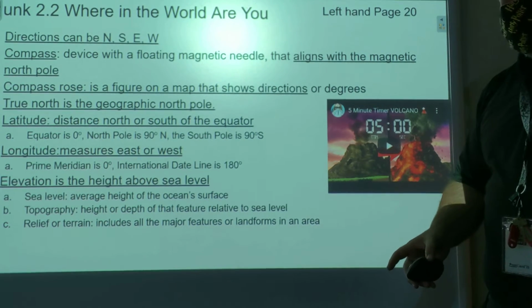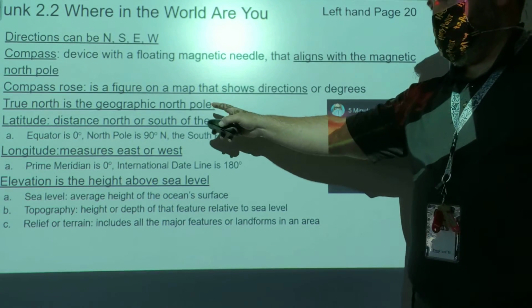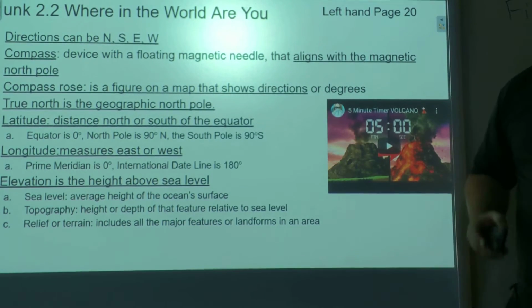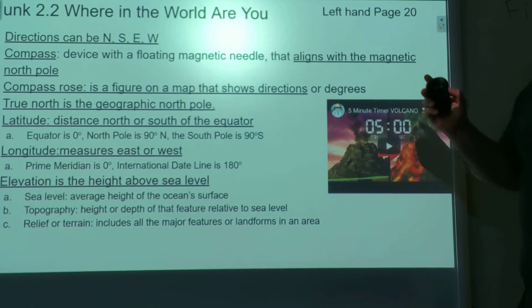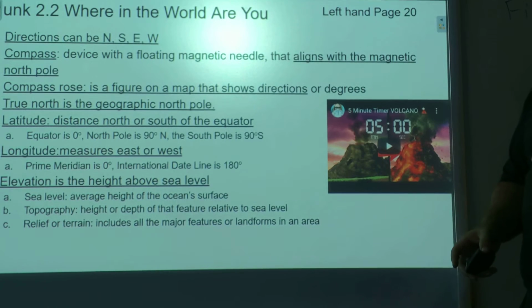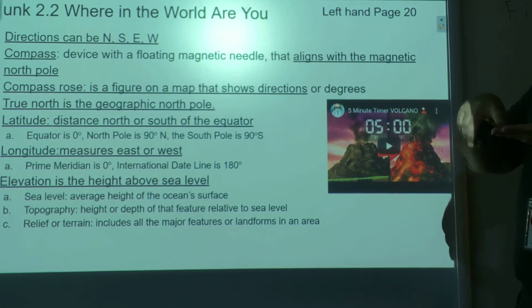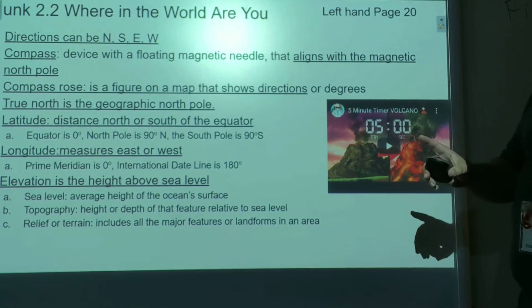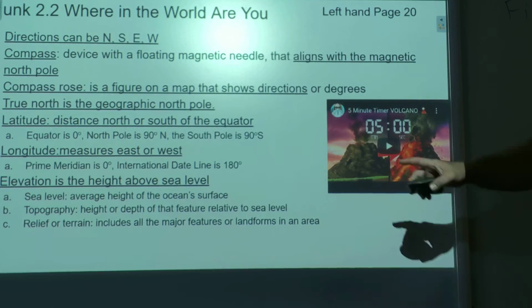True north is the geographic North Pole. If you break out a map and you're going to Santa's house, you're going to go to the true North Pole. If you break out a compass and you follow that magnetic needle north, you're going to end up at the magnetic North Pole. And they're not in the same place. I have a picture for that too.